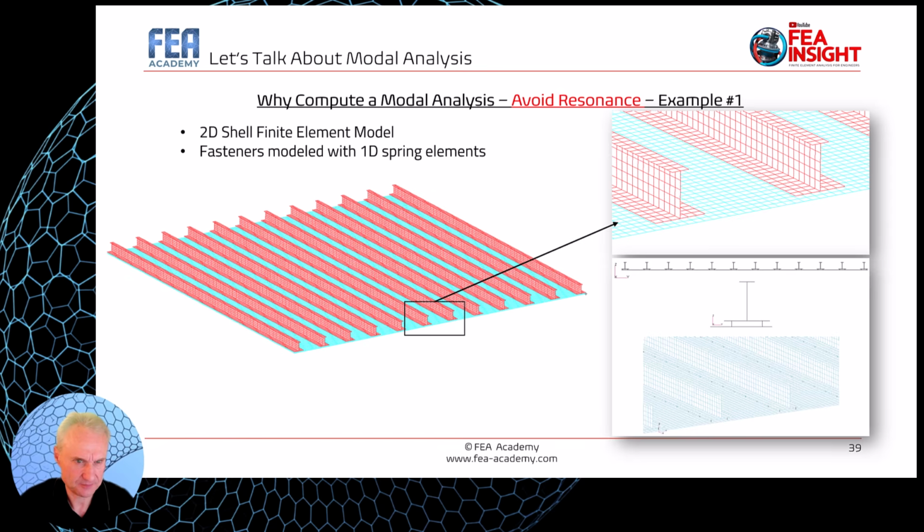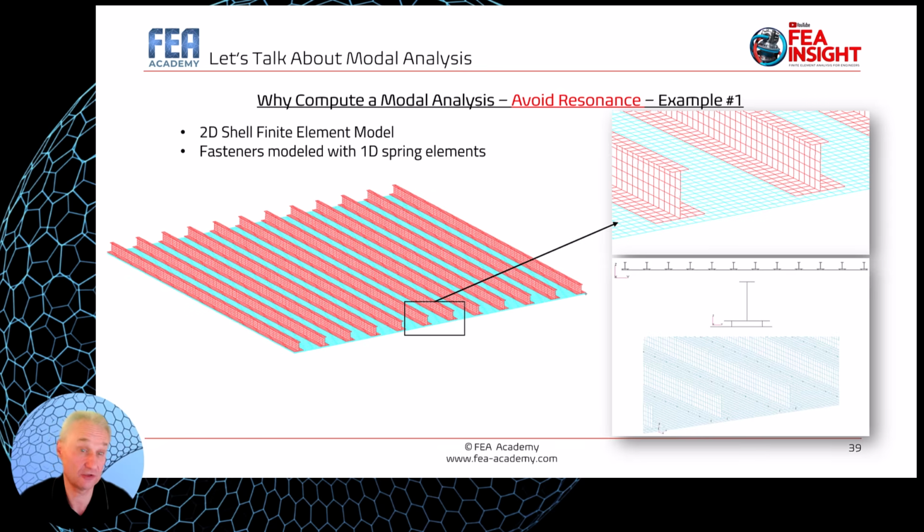Okay? So I have a model representative in stiffness and representative in mass, because in the material properties of this panel, I'm going to use steel or aluminum in different simulations, and I'm going to inform the solver with the material density. So the solver will be able to compute the stiffness matrix and the mass matrix of my panel.